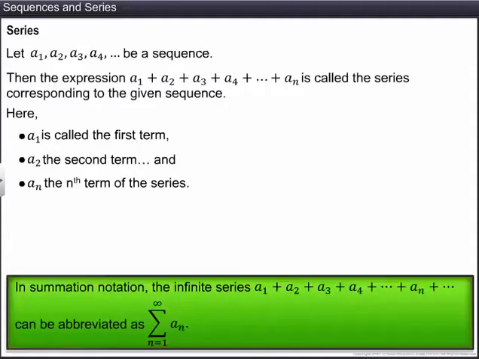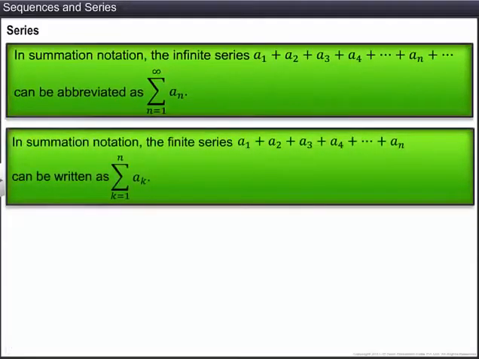In summation notation, the infinite series A1 plus A2 plus A3 plus A4 and so on up to infinity can be abbreviated as sigma AN, where n is from 1 to infinity.